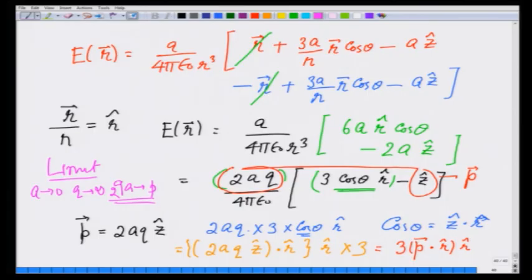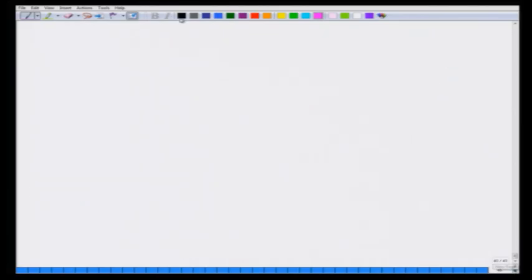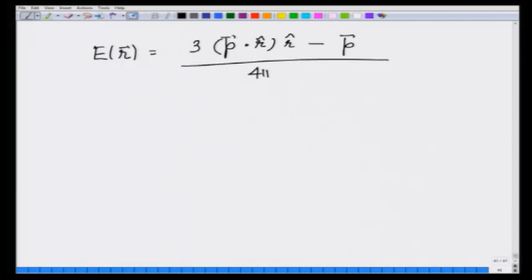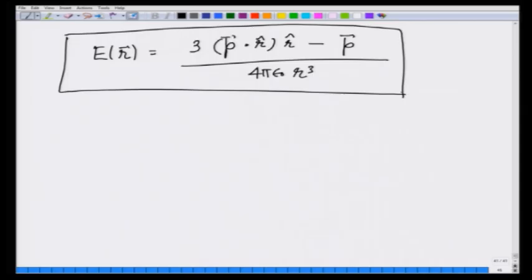So, combining all this, I can write E r as 3 p dot r r minus p over 4 pi epsilon 0 r cubed. This is the expression for a dipole sitting with any orientation now at the origin, right, because now I am taking the dot product. So, it does not really matter, dot product gives me that cosine theta already.